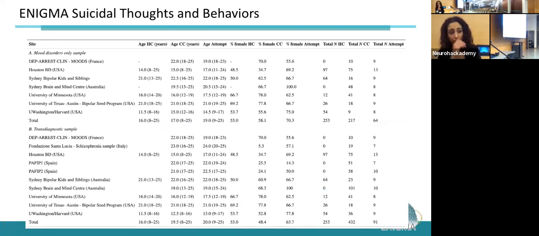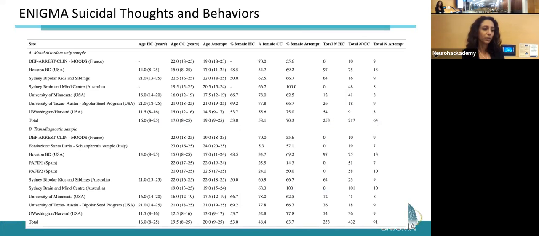Another working group I'm very involved in is the ENIGMA Suicidal Thoughts and Behaviors group. You don't necessarily have to be able to read this table, but this is a transdiagnostic working group where we're looking across a lot of different mental health conditions and pooling to see if anyone has collected information on whether someone's had a suicide attempt or not. Suicide attempt has a very low base rate, and having scanned someone that has had an attempt is going to be relatively rare.